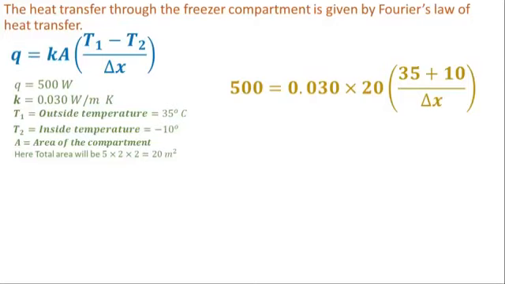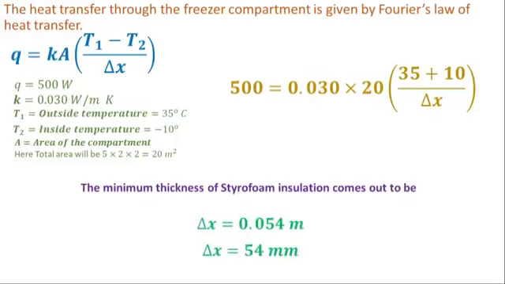When we put these values in the equation, we find that the minimum thickness of the styrofoam insulation comes out to be 0.054 meter or 54 millimeter. If we apply styrofoam insulation of 54 millimeter thickness, then heat transfer will be less than 500 watt. This is what we have done in problem 1-10.